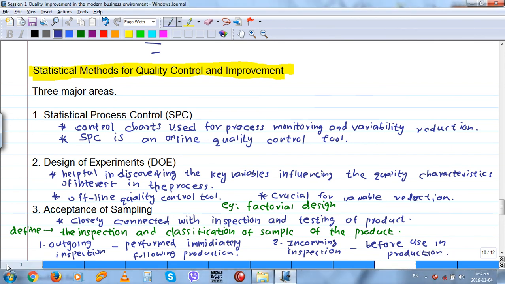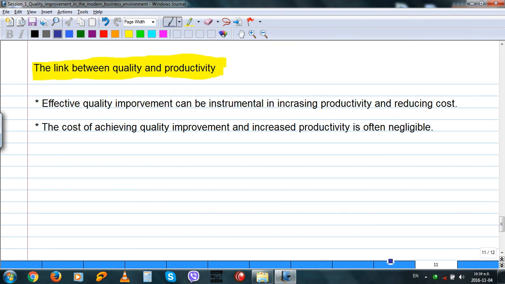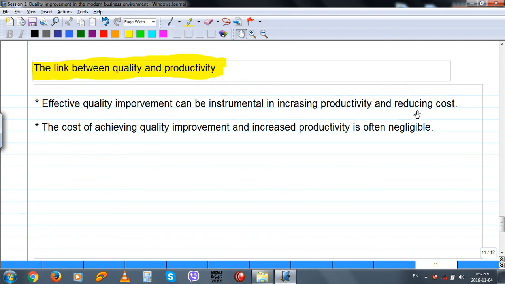These are the statistical methods for quality control and improving, about the three major areas. And the next thing is the link between quality and productivity. Effective quality improvement can be instrumental in increasing productivity and reducing cost. If we do effective quality improvement, it definitely increases productivity.